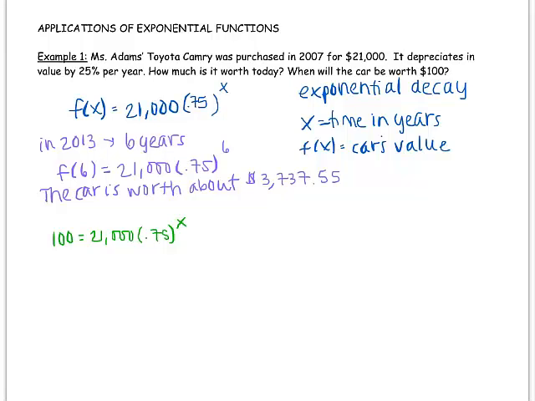Now, later in the chapter, we're going to learn how to solve this by hand, but right now we're going to solve using the calculator. I think the best way to do this is to graph 21,000 times 0.75 to the x and y equals 100. So you might want to take out your calculator now, maybe pause the video and type these two functions into your calculator.